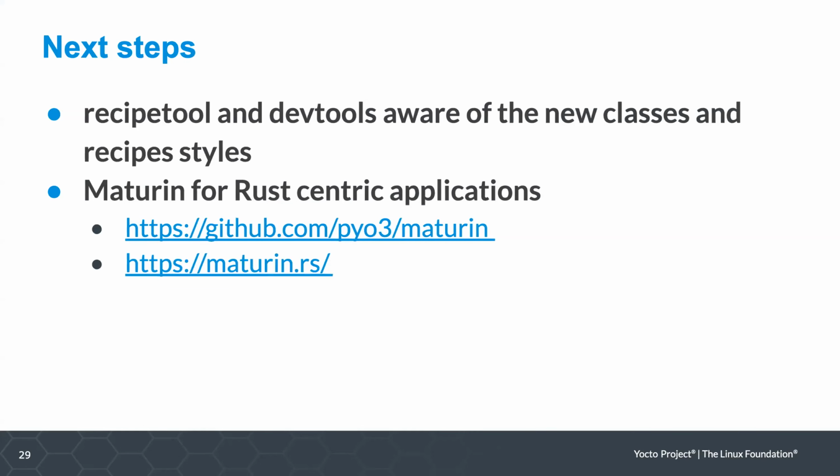So the next steps, what we're going to try to do next: recipe tool and dev tool have been kind of limping along in terms of Python recipe creation. I forget who it was that actually upgraded us from Python 2 to Python 3 a couple of releases ago.